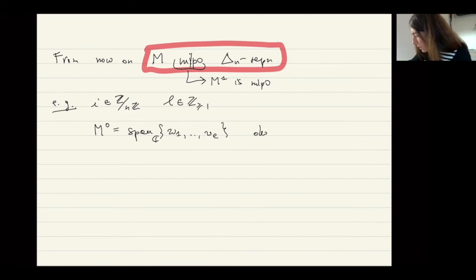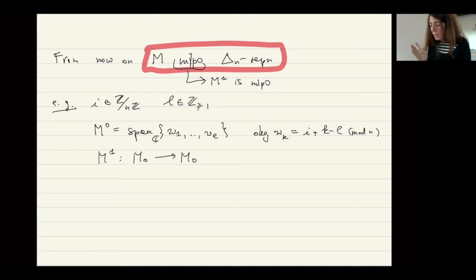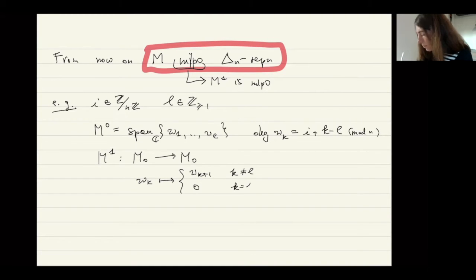I impose that the degree of w_k is just i plus k minus L, of course mod n. And then my endomorphism M1 has to go from M0 to M0, and I move in degree to the next one. What it does is it sends w_k to w_{k+1} if k is different from L, and 0 if k is L.